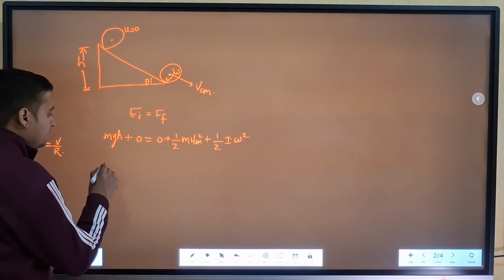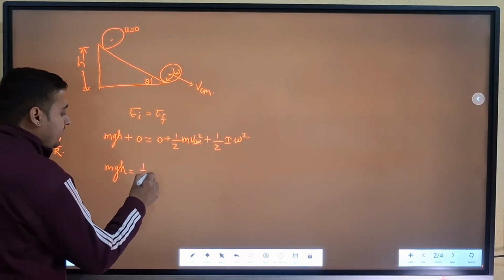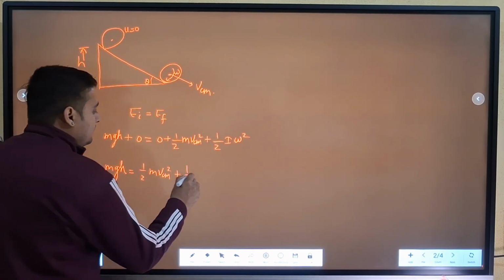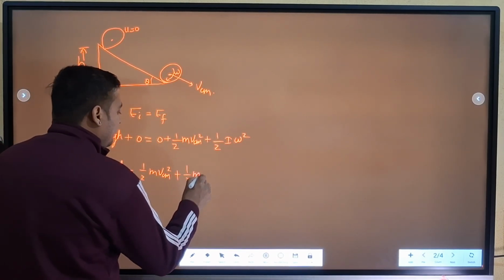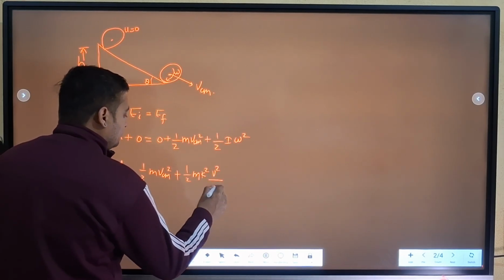If you see, on the left side we have mgh, and on the right side we have half m vcm square plus half mk square times v square by r square.